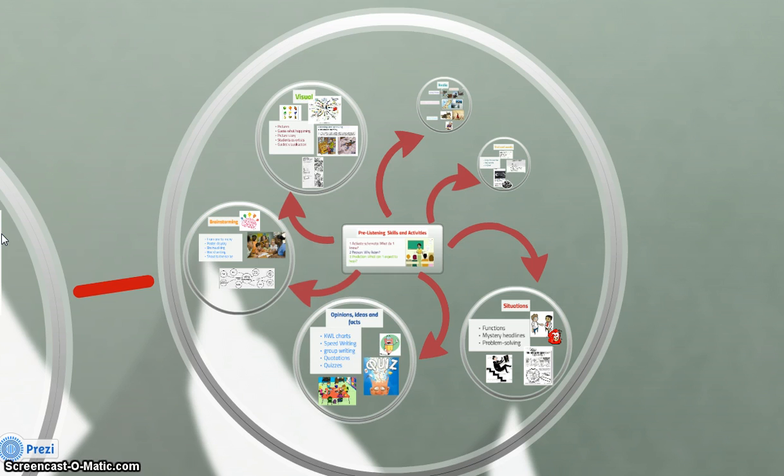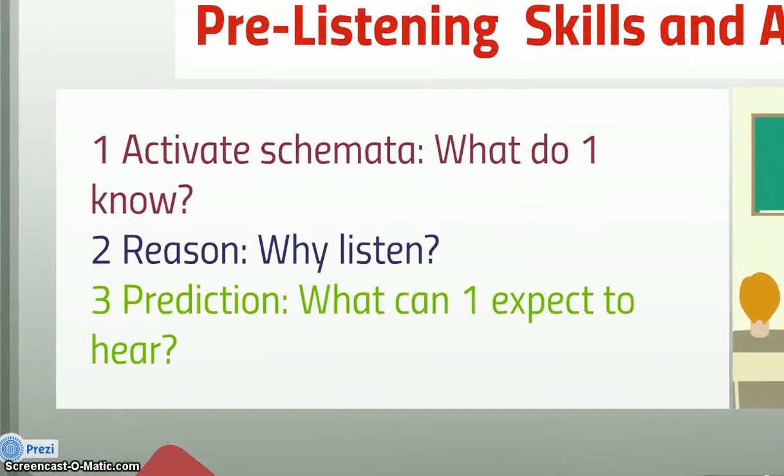In the pre-listening activity, we need to activate the schemata of our students and give reasons for listening. And something that is very common is to try to make them predict what's going on, what this activity is about.